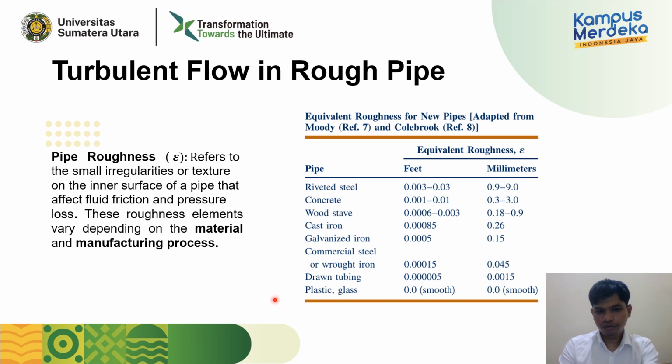Or for example, if the material of your pipe is cast iron, the roughness will be equal to 0.26. This table is something that you need to know. In some references you can find more types of pipe material and manufacturing process, but in this course you only need this table to know the roughness of the pipe.